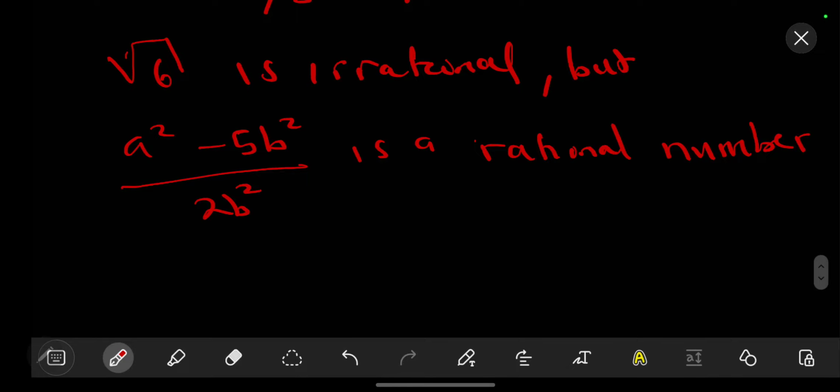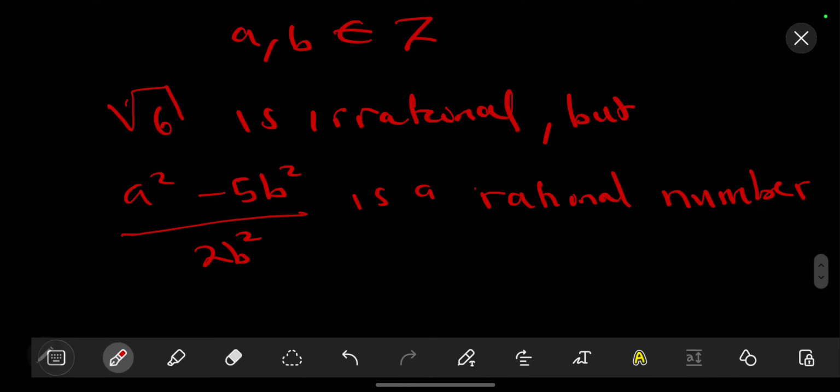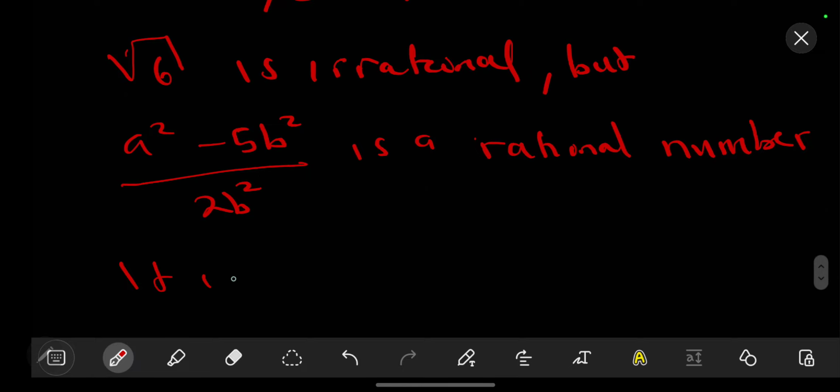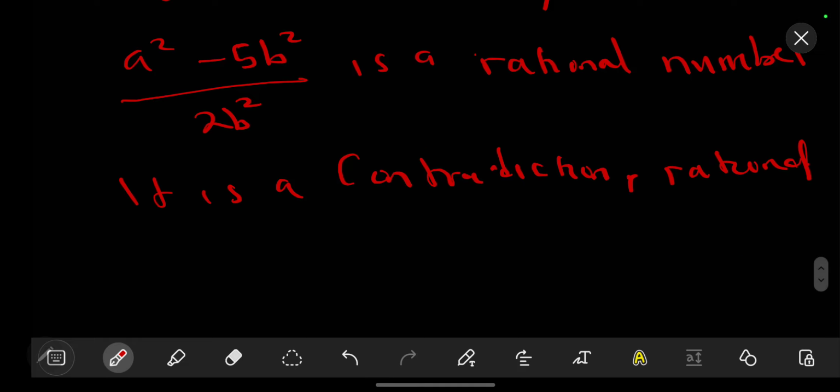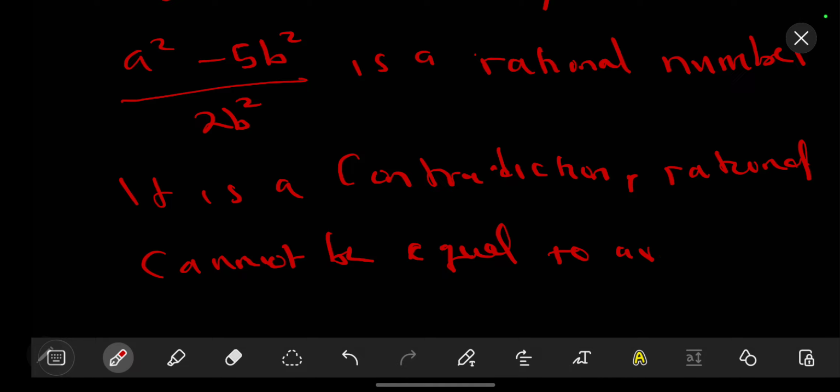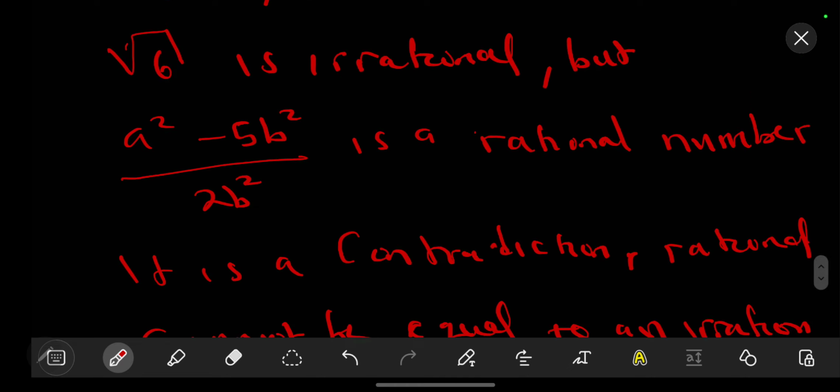If this is a rational number and this one is an irrational number, it is a contradiction. Contradiction because a rational cannot be equal to an irrational.